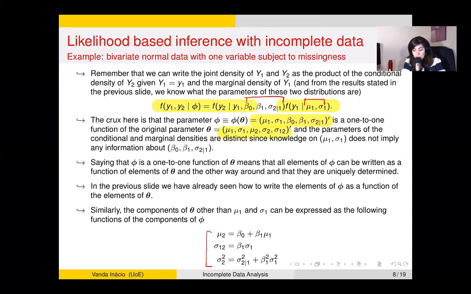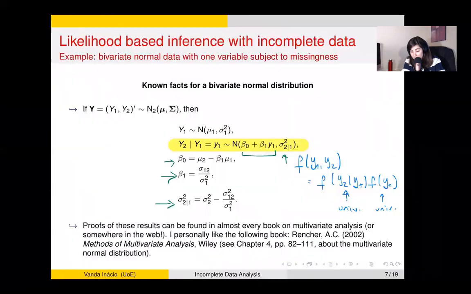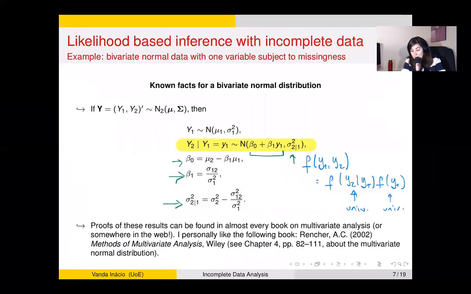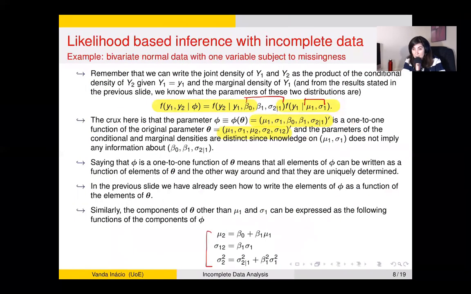Because knowledge about, say, mu1 and sigma 1 does not imply knowledge about beta 0, beta 1, and sigma 2 given 1. And if we come here, we know that beta 1 is written as a function in particular of sigma 1, but just knowing sigma 1 is not enough to know the value of beta 1, because I don't have information about this in my set of parameters, on mu1, sigma 1. That's it, okay? So they are distinct.